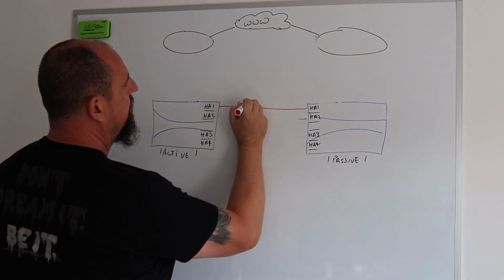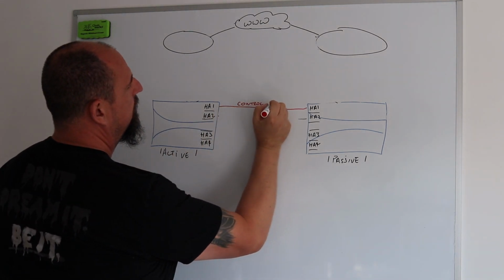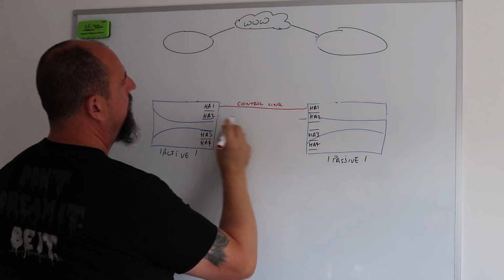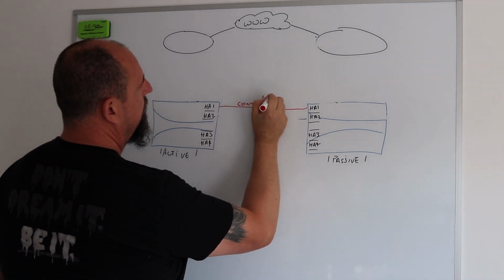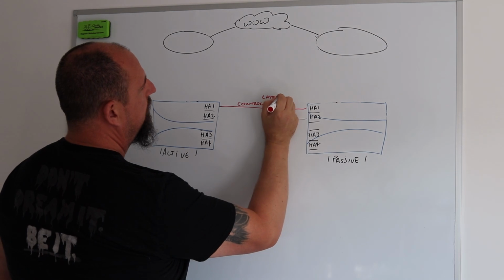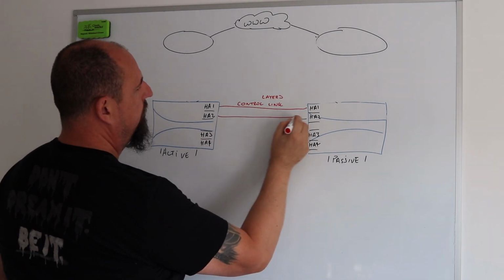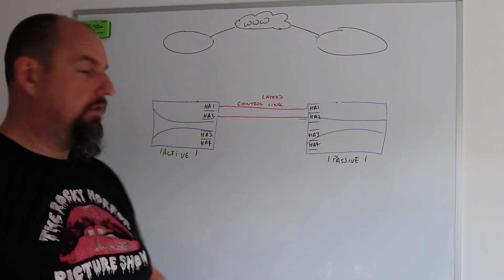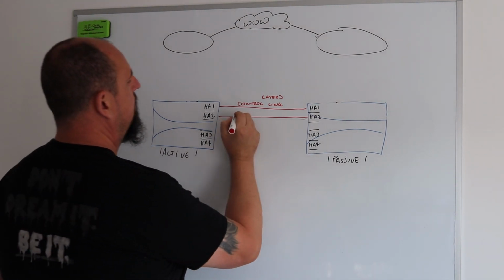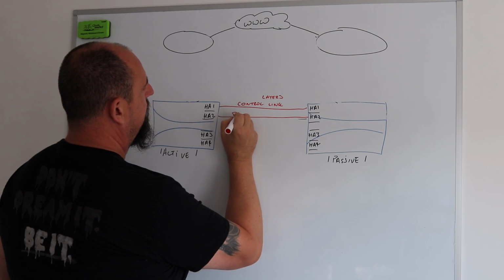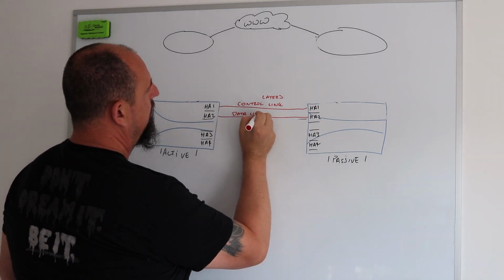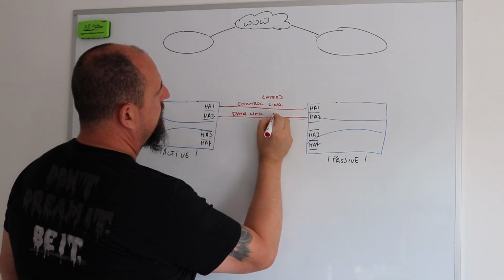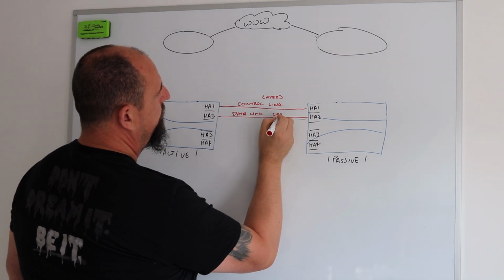So that's the control link, and that is a layer 3 link. Then you have HA2, which is all your session states and everything like this, and that's the data link, and that's layer 2.